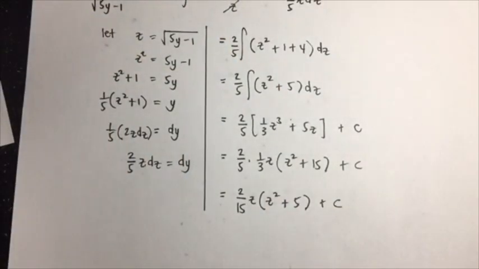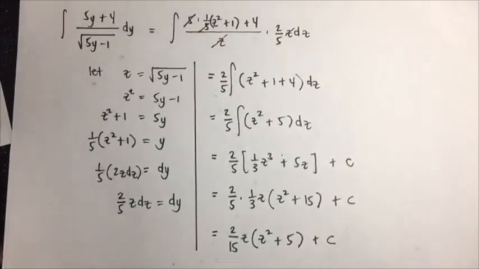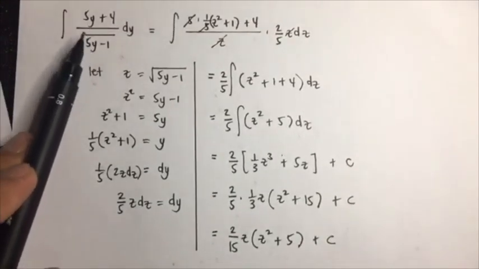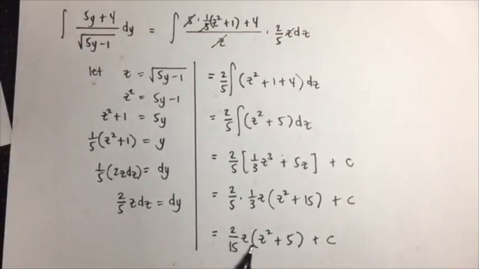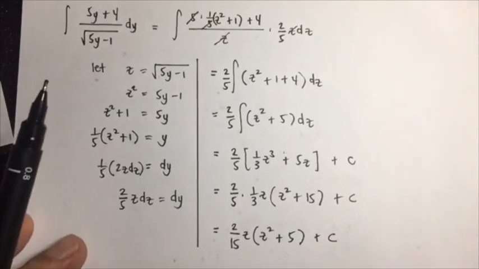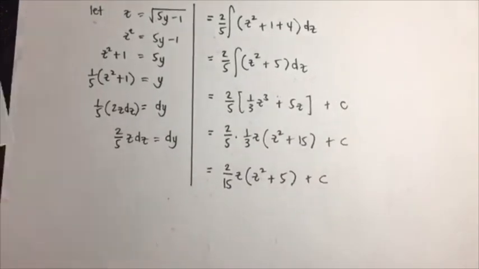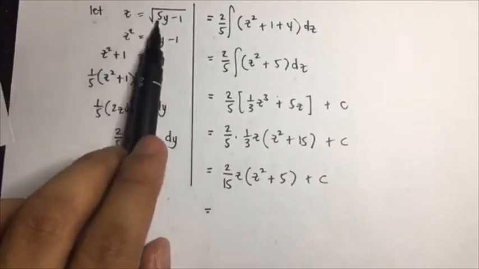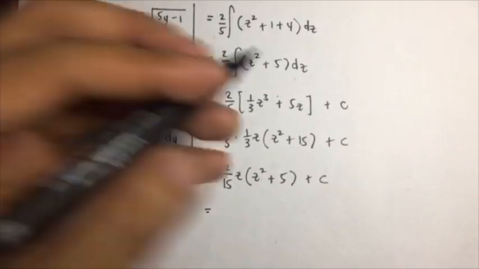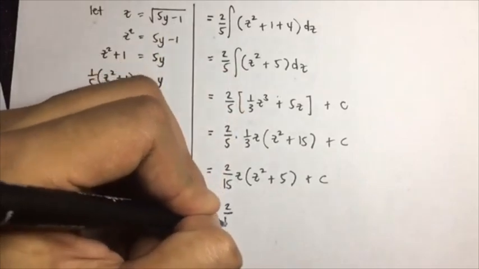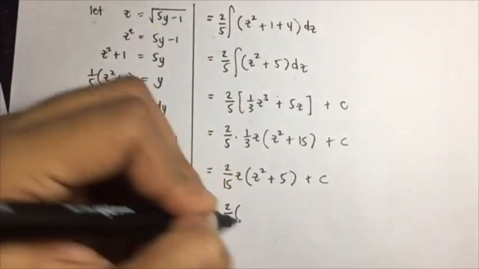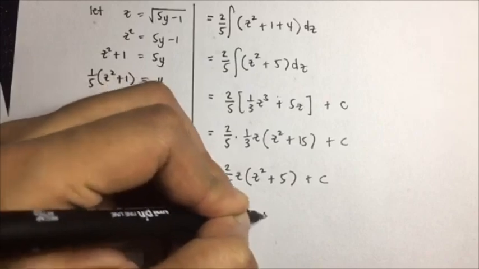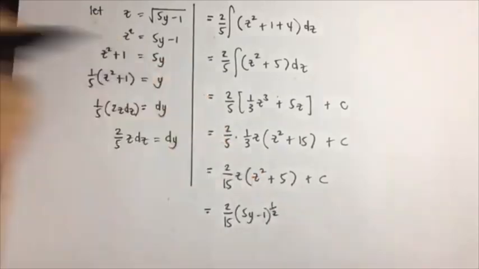Since our integrand is expressed in terms of y, our answer must also be expressed in terms of y. So substituting back y, z is equal to the square root of 5y minus 1, or 5y minus 1 raised to 1/2.